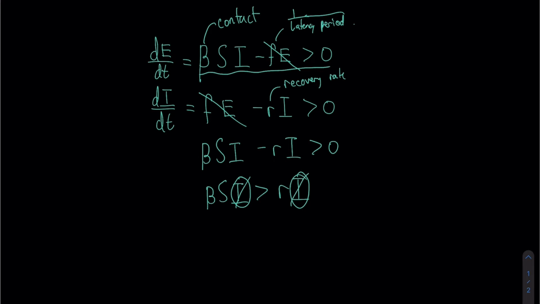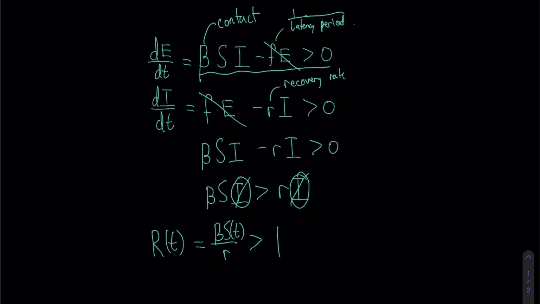So all we do now is divide both sides by r, and we get beta S over r greater than 1. Now, this depends on the time, right? So I'm going to denote this as Rt.